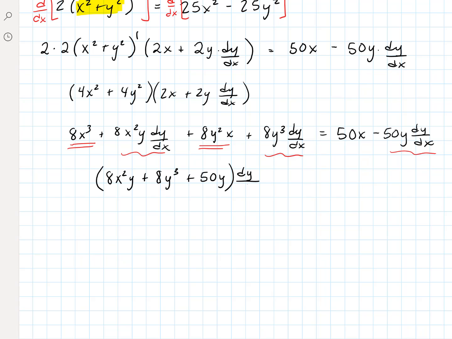And all of those terms had a dy/dx in them, so I'm going to factor that out as well. Okay. And then I'm going to move the 8x cubed and the 8y squared x to this side through subtraction. So on this side, we're going to have 50x minus 8x cubed minus 8y squared x.